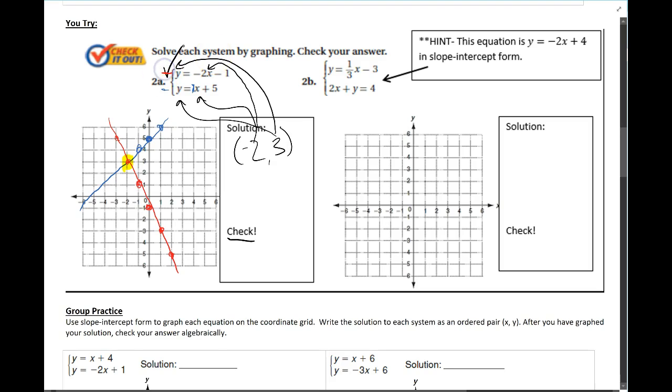So it satisfies that equation. Let's check the second one. Is 3 equal to -2 plus 5? Well, yes, 3 is equal to -2 plus 5. So it satisfies it. And again, you can continue from there.